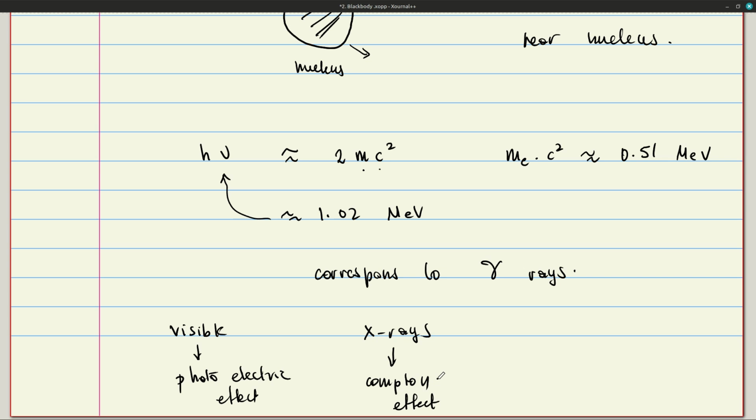Basically an X-ray can scatter off an electron, and we can detect this through the Compton experiment, which we talked about last time. And now if you go even higher, you have gamma rays, and this one is pair production and nuclear matter. So that's why you need radioactivity to reach gamma ray physics.